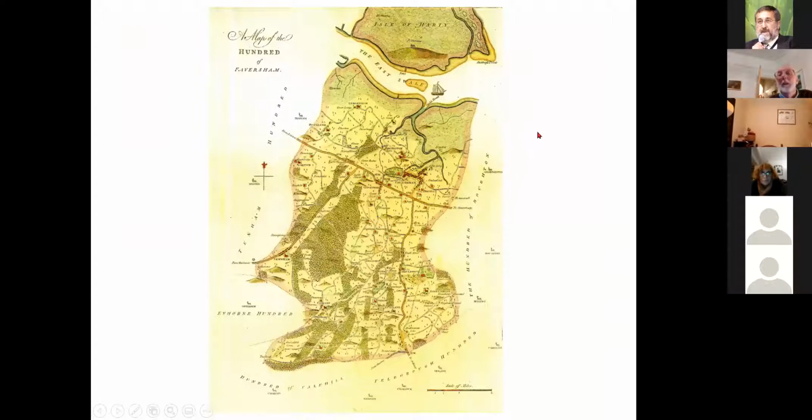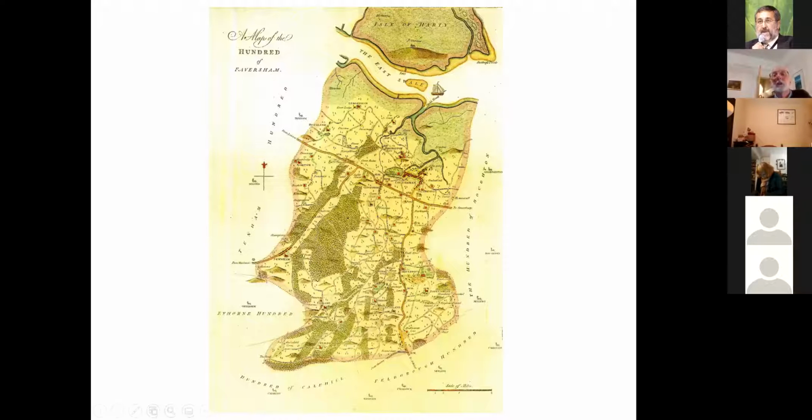Now here we have a form of county map, in the sense that this is one of the maps shown in a book about Kent called The History and Topography Survey of the County of Kent, published by Edward Hasted in 2 editions in the 1790s.